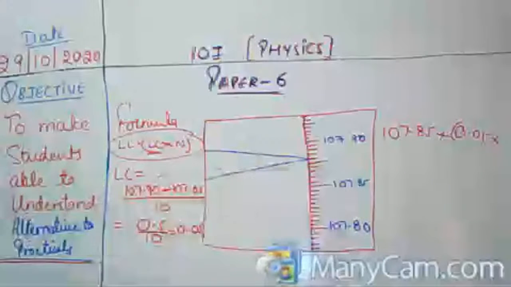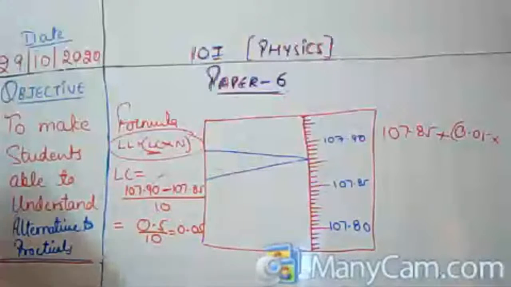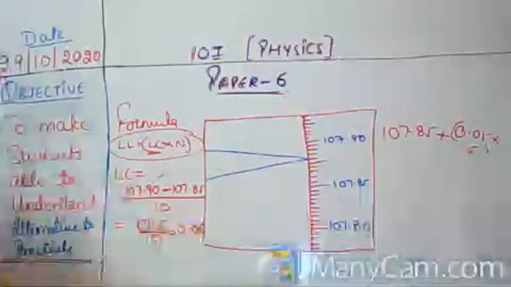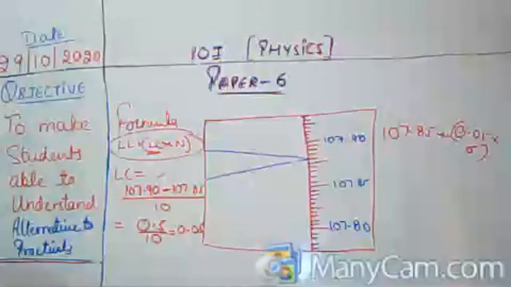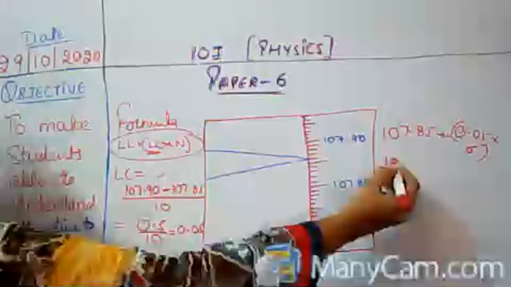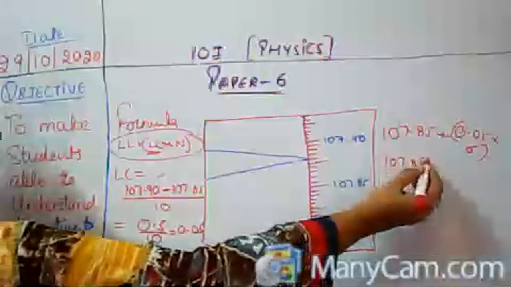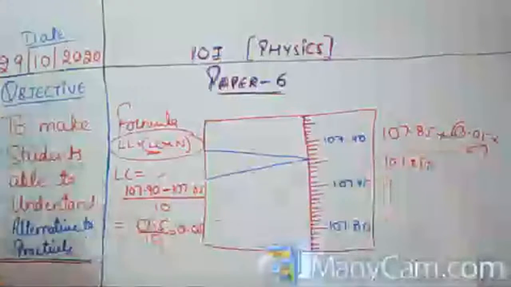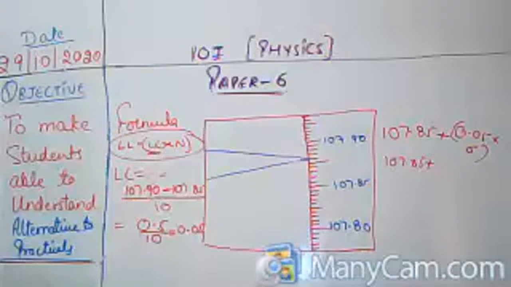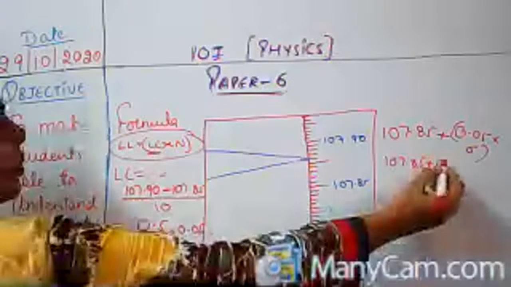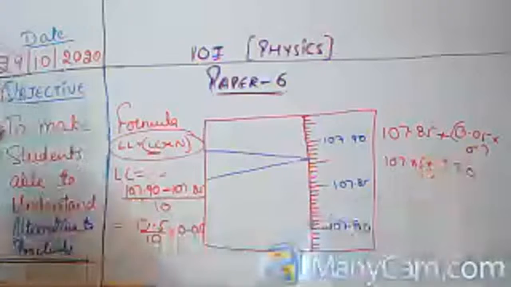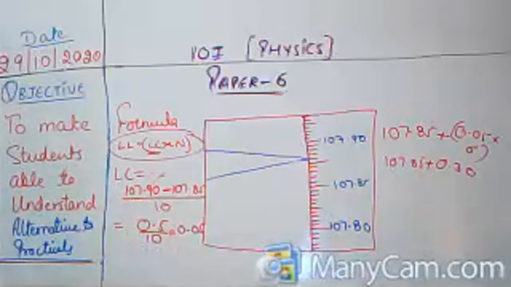So it is the sixth one. So multiply with 6. What is it going to be? 107.85 plus, multiply these and you will get the answer: 6 fives are 30. It's going to be 0.30. Now add it and get your answer.